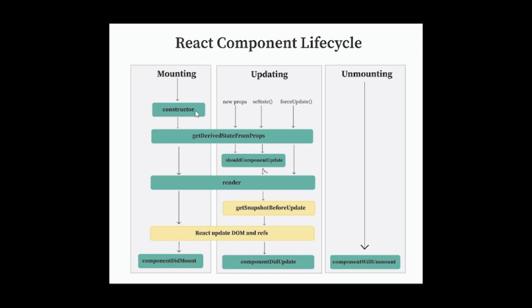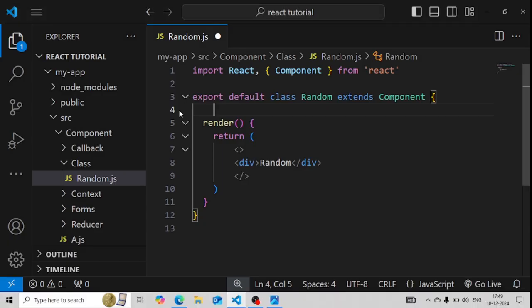This means that if we want to run certain functionality or initialize some variables before the component loads for the first time, listen to me carefully, before the component loads for the first time, for that purpose we use the constructor function.